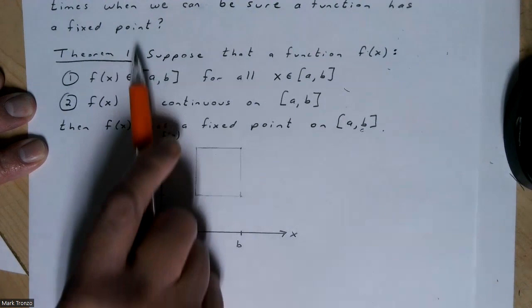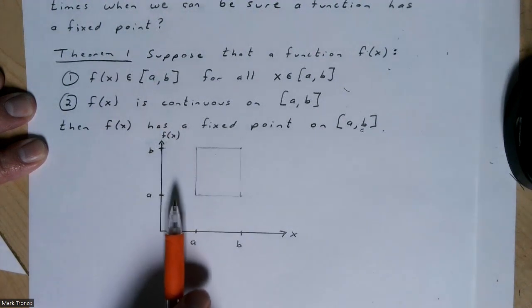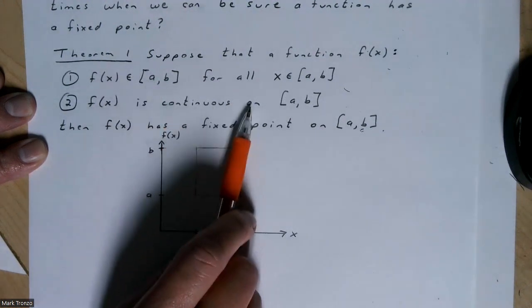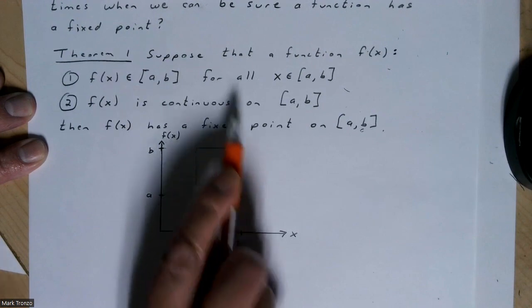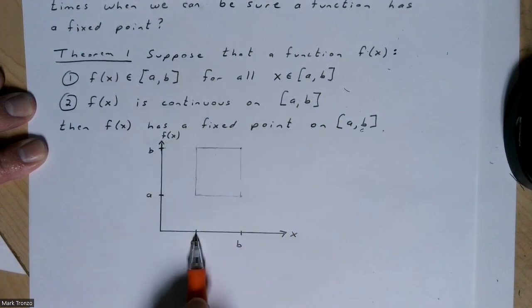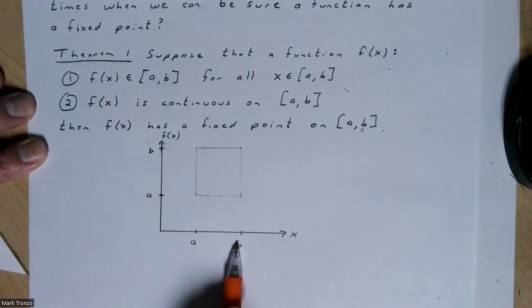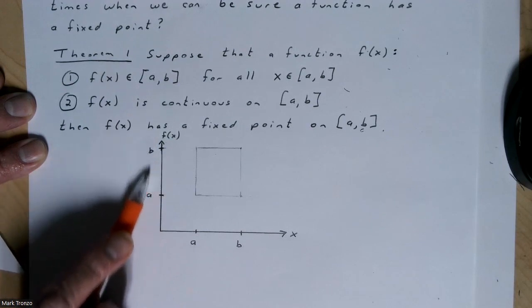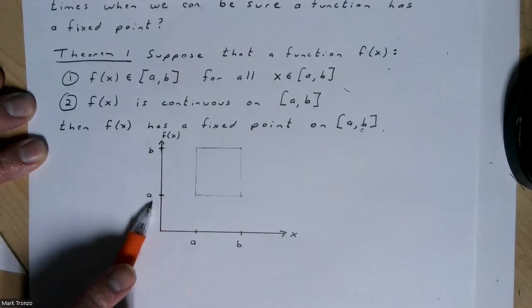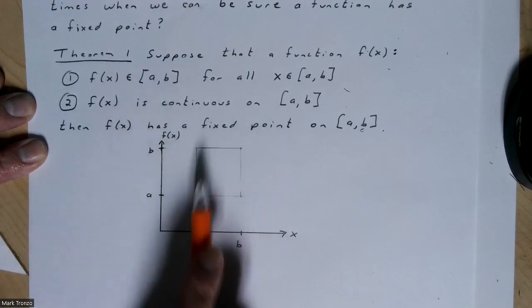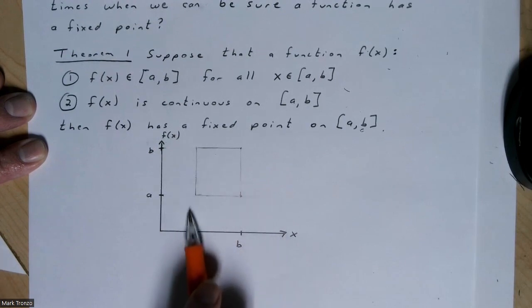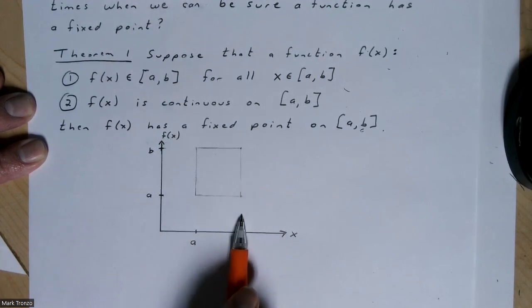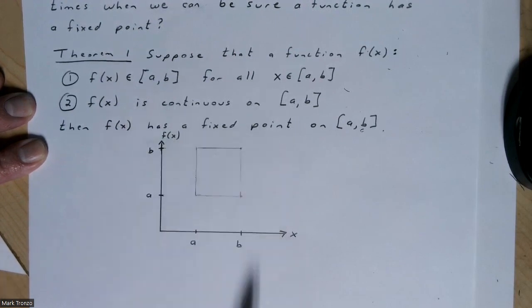What this is saying is if you put in values of x between a and b, and the values of your function also fall within a and b, you will have a fixed point somewhere in this a to b interval, as long as your function is continuous.